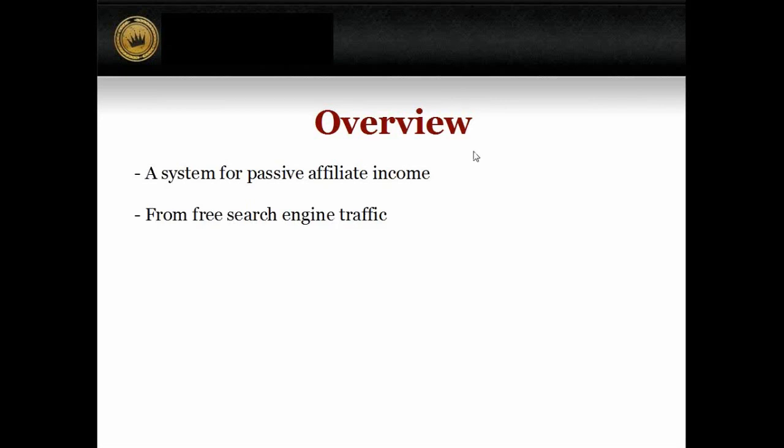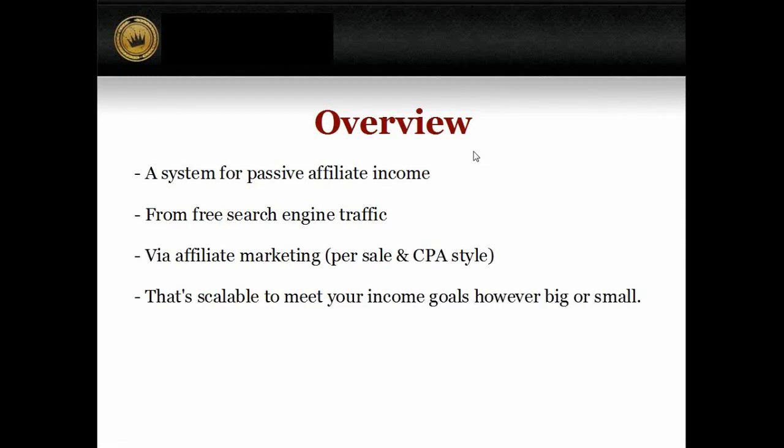I'm going to teach you how to generate this affiliate income from free search engine traffic. So we're not paying for any traffic with any of these strategies. Everything's free. I'm going to teach you how to do that via affiliate marketing, a little bit via OfferVault, with both per sale and CPA style affiliate offers.